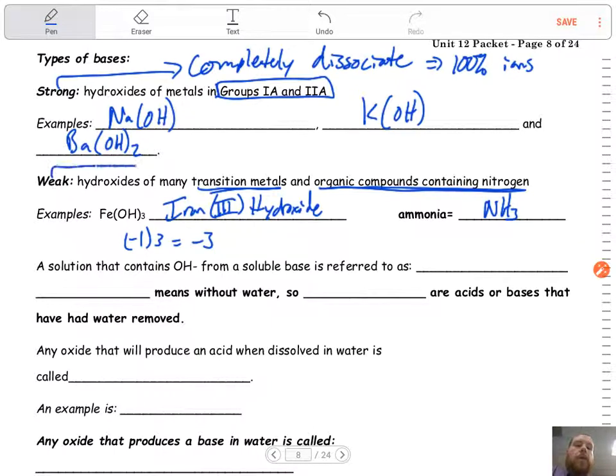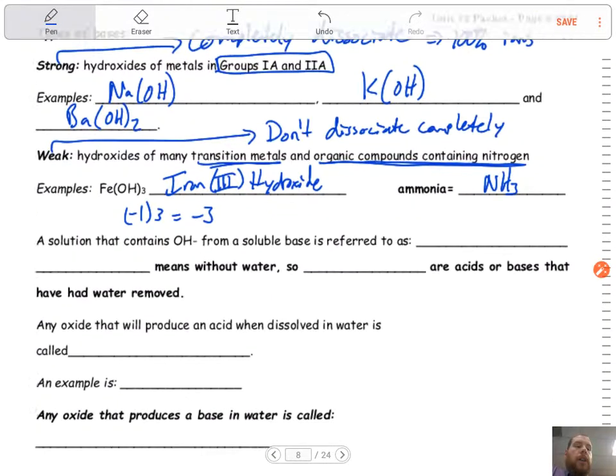So weak bases, they do not dissociate completely. Okay, that means that there is still some of the substance that has not formed ions. Okay, it's still together as a piece. So some of your particles of iron 3 hydroxide would split up, but you would still have some that still stay together when they're in solution. Okay, again, as we go through, we will talk more about it.